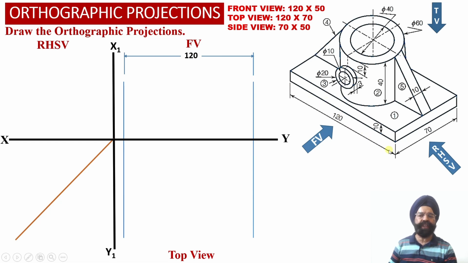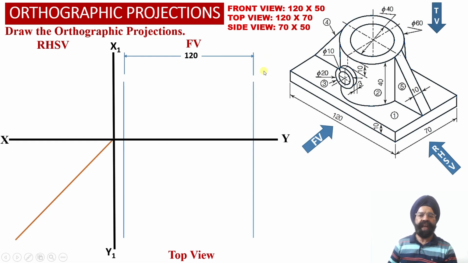These two vertical projector lines we have appropriately extended into the top view orthographic projection, because we are going to require the width of the solid equal to 120 millimeter in the top view projection.